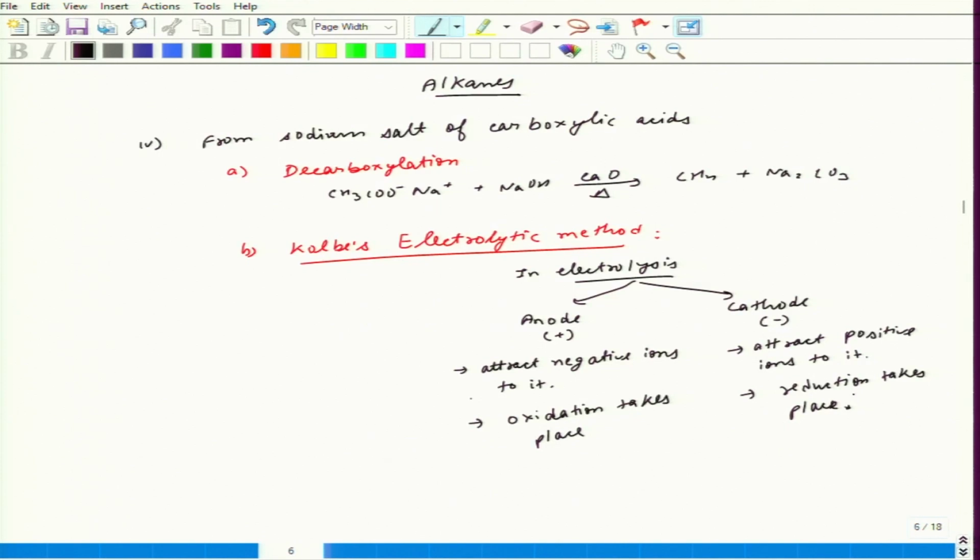Anode is positively charged and attracts the negatively charged anions, as opposite signs attract. Cathode is negatively charged and attracts the positive ions, that is cations. Always oxidation on the anode, always reduction on the cathode.